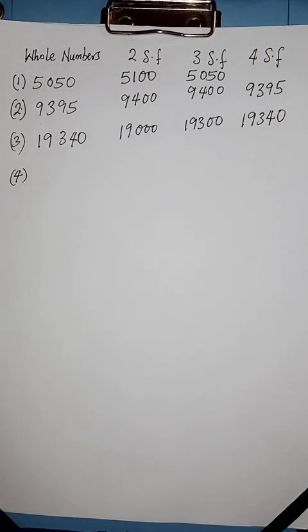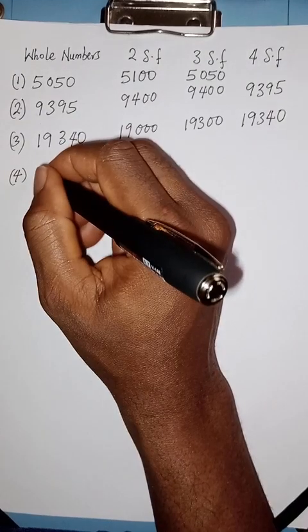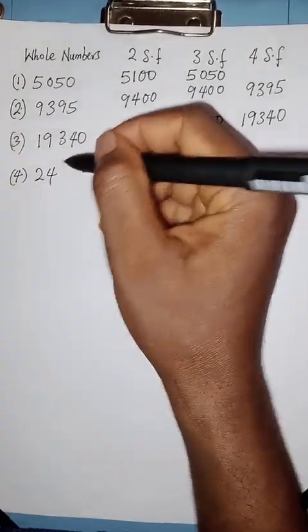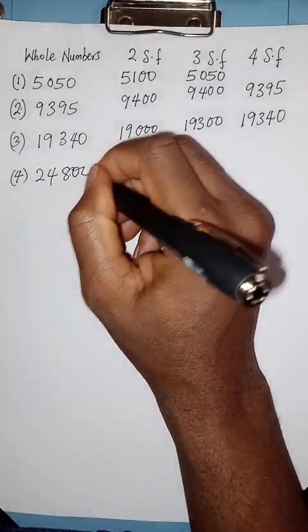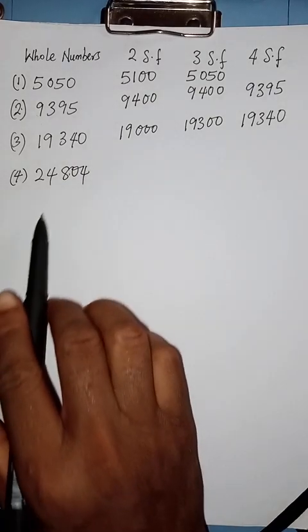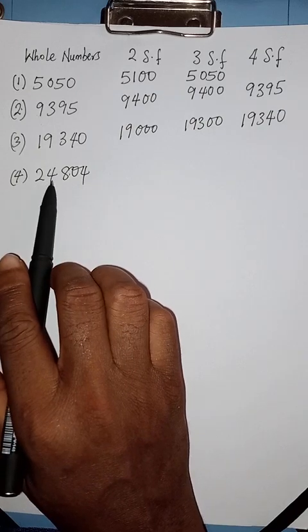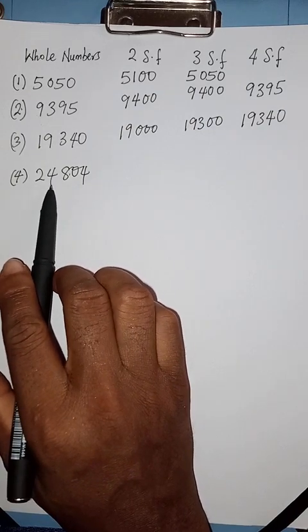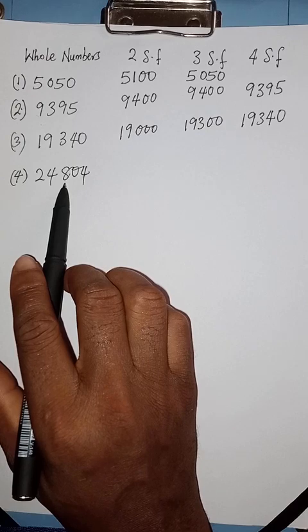And number 4, I'm going to use 24,804. Now remember, how many significant figures do we have here? They are 5. So to two significant figures, 2 and 4. But the digit after the 4 is 8. So I'm rounding up.